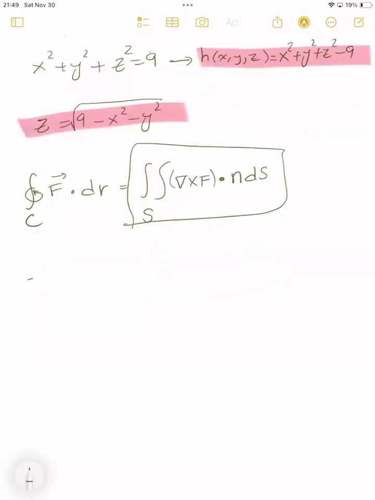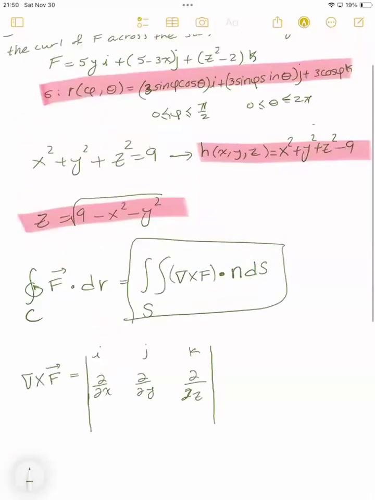So first I'm going to find the cross product of the del operator and F. We have i, j, k, partial with respect to x, partial with respect to y, partial with respect to z. And then we have 5y, 5 minus 3x, z squared minus 2.